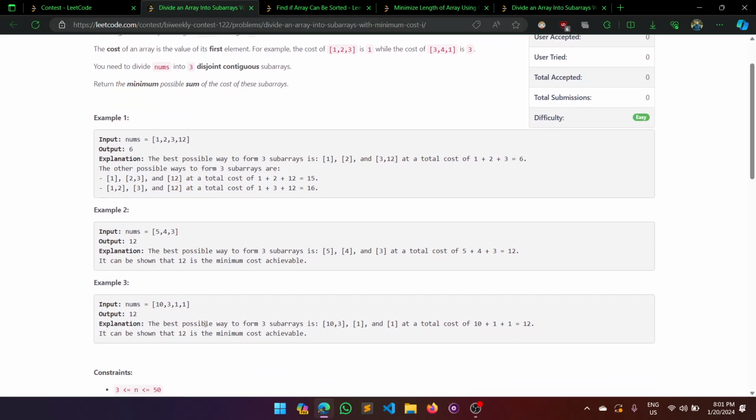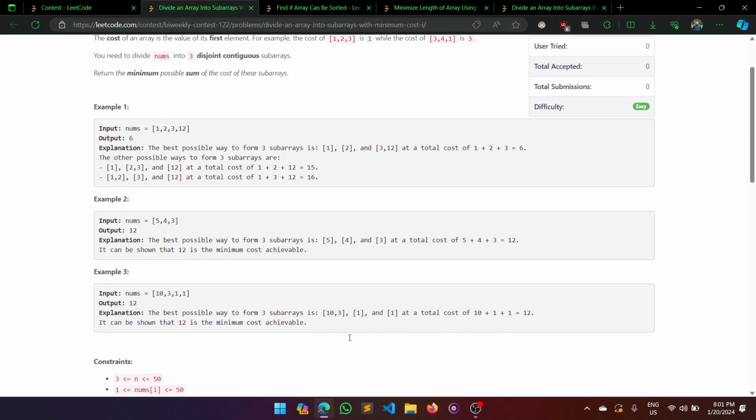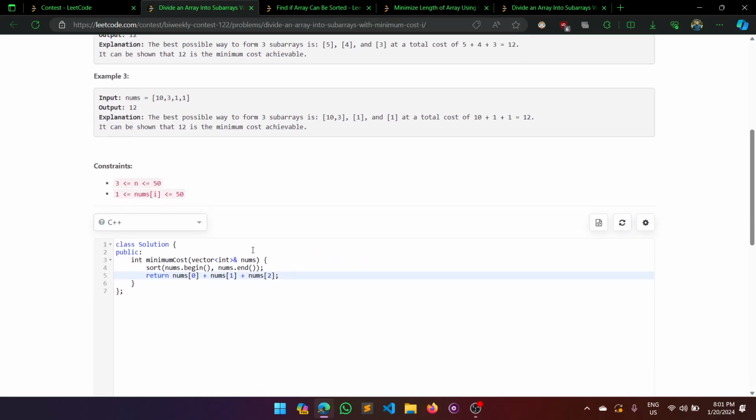Oh, okay, so we'll have to consider the first element. No, we'll have to consider the first element.